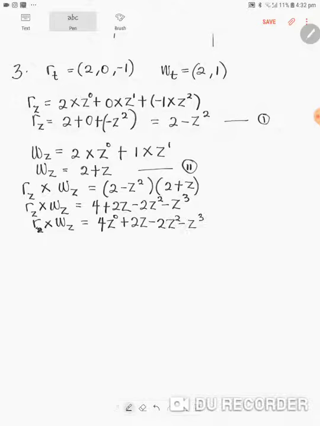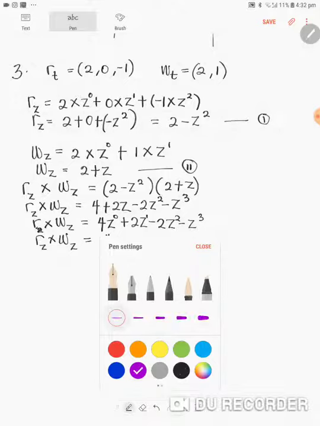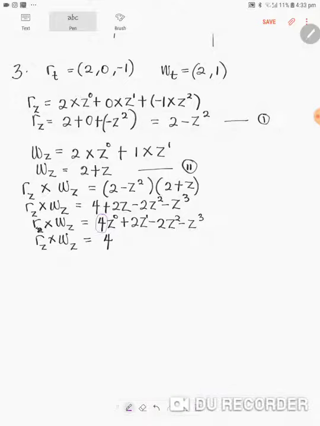So this will be 0 raised to power 1. So RZ times WZ will be equal to 4. So you take this value, this value, this value, and this value. And I guess we know why we're taking those values, right?